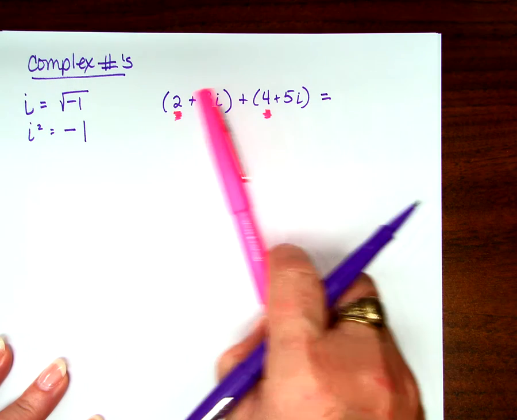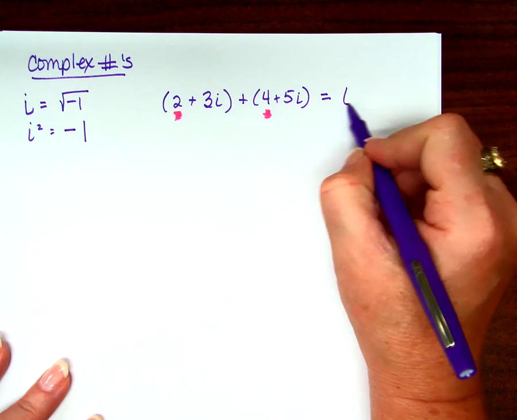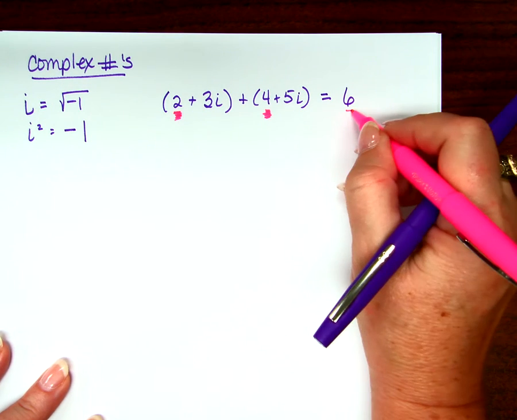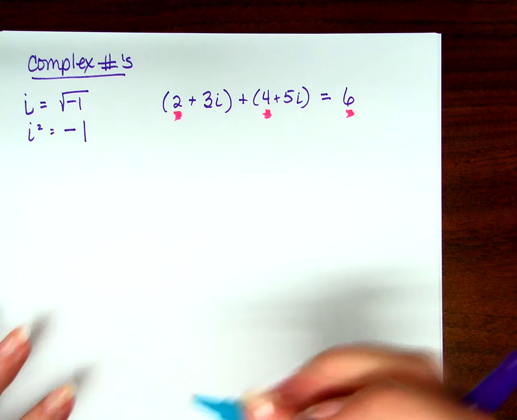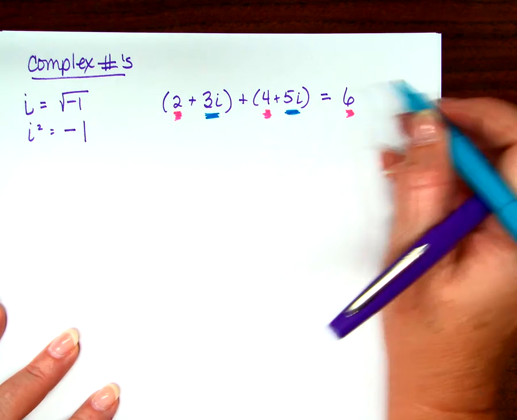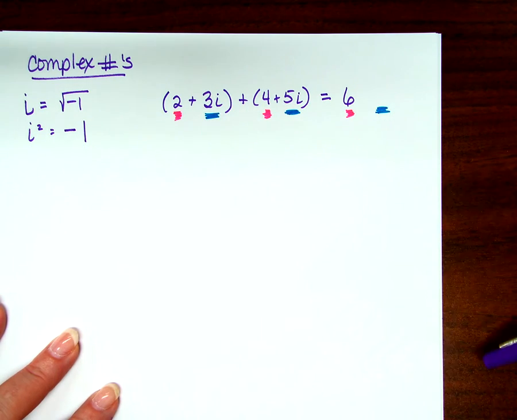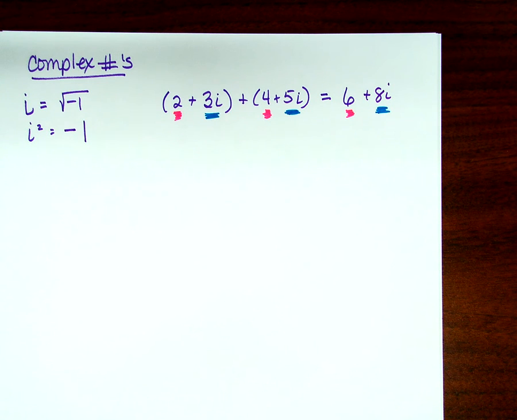What is 2 plus 4? Excellent. That's the real part. And then we add the imaginary parts, 3i and 5i. 8i, not 7, but 8i.